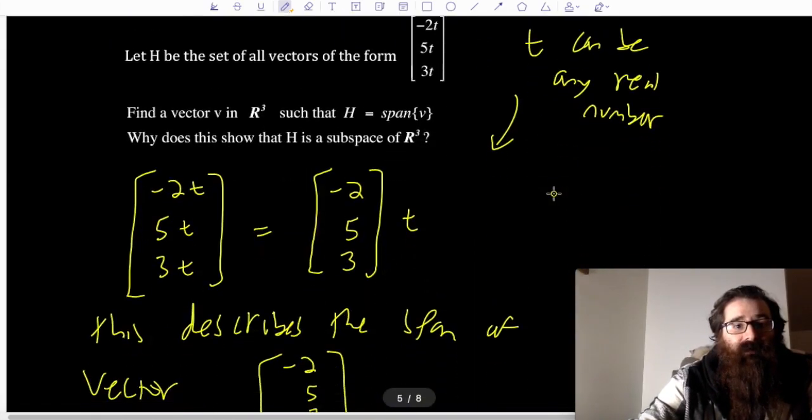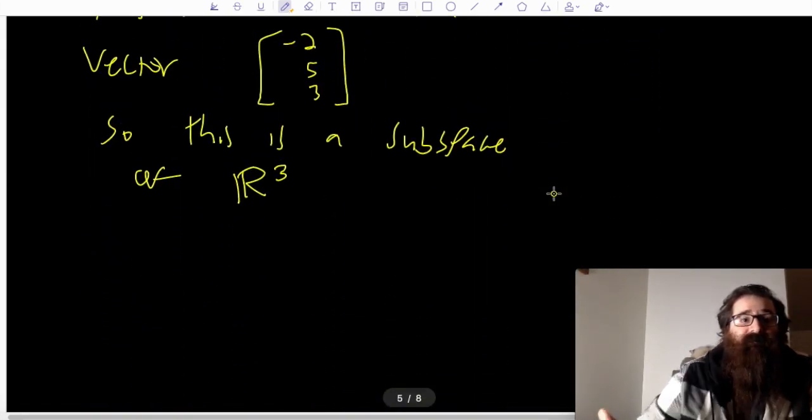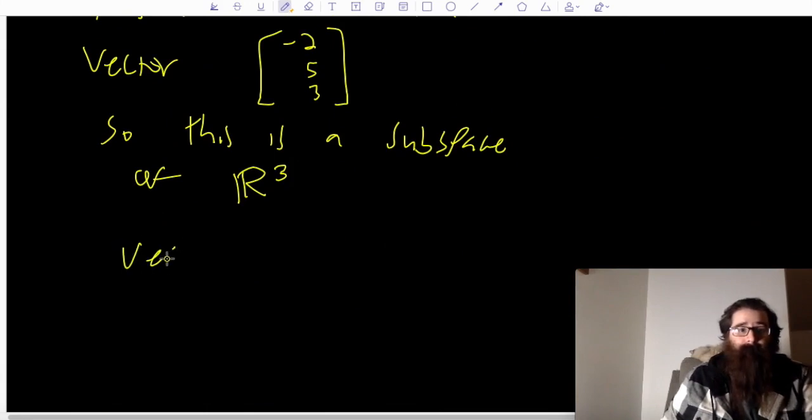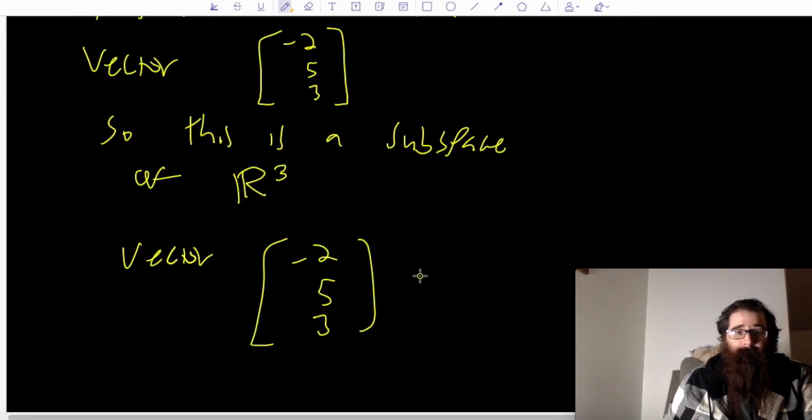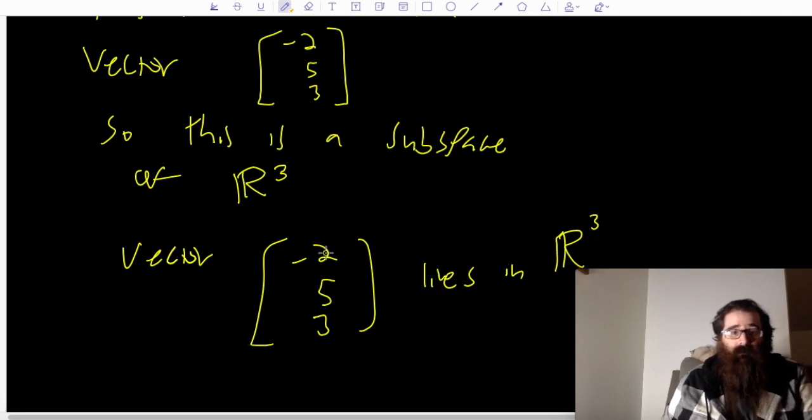And what are we saying in our example here? We're saying that this vector, -2, 5, 3, lives in vector space R3. It's got 3 entries in it. This vector lives in vector space R3.